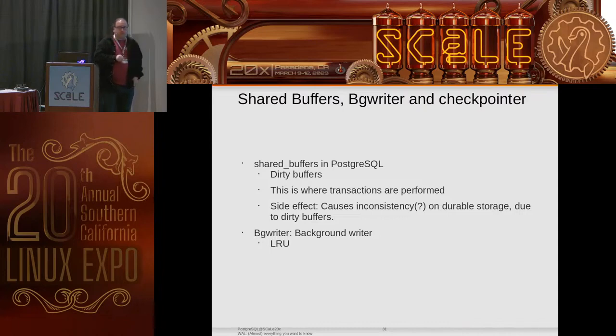As I told you, shared buffers is the place in Postgres where we perform the transactions, and there are dirty buffers. And there's inconsistency. What does inconsistency mean, and why is this important information? One of the mistakes that I have seen in the field about taking backups of a running Postgres database is taking a snapshot of the disk.